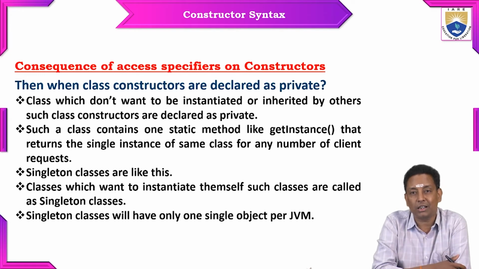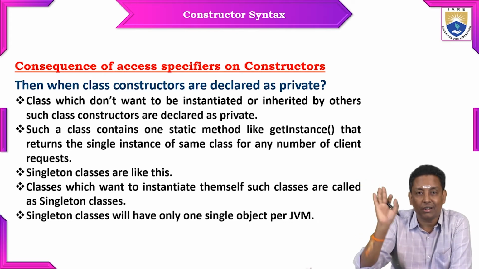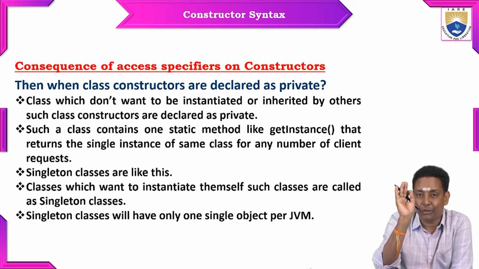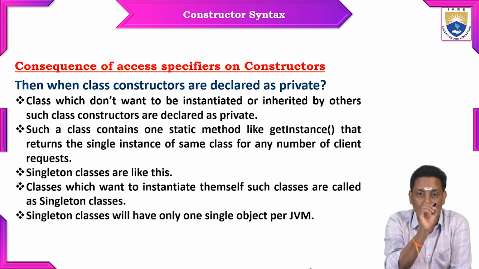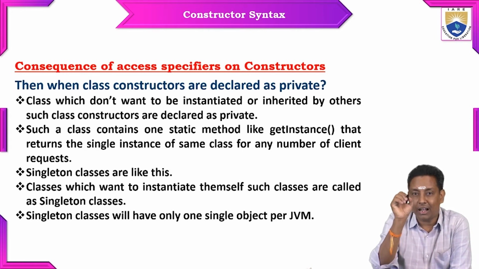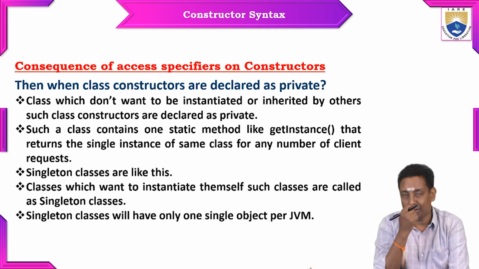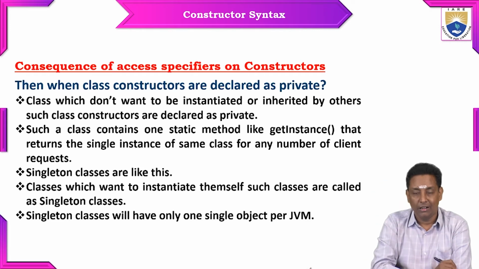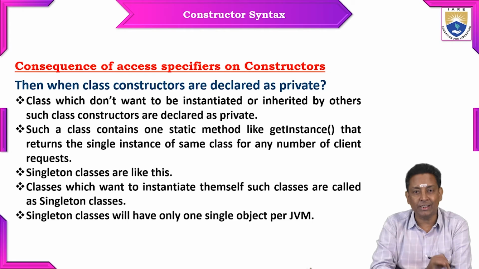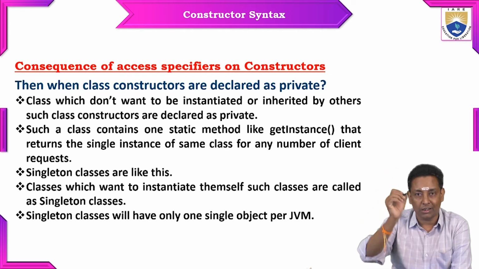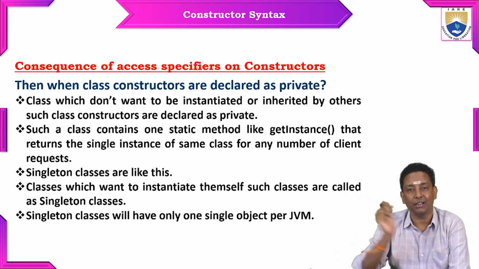Then how is that object created, and who will create it? Classes which contain a private constructor also have one more method, public static, with the class as return type, with a name called getInstance. Suppose the class is public class A and the constructor is private A. Immediately following the constructor, you will find one method, public static A getInstance.